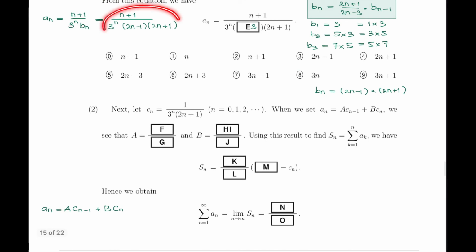An is this expression, n plus 1 over 3 to the power of n times 2n minus 1 times 2n plus 1. This is our An.